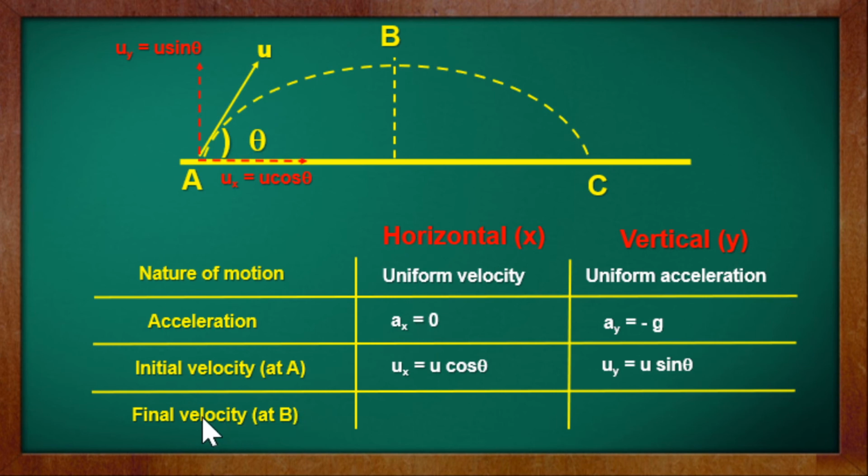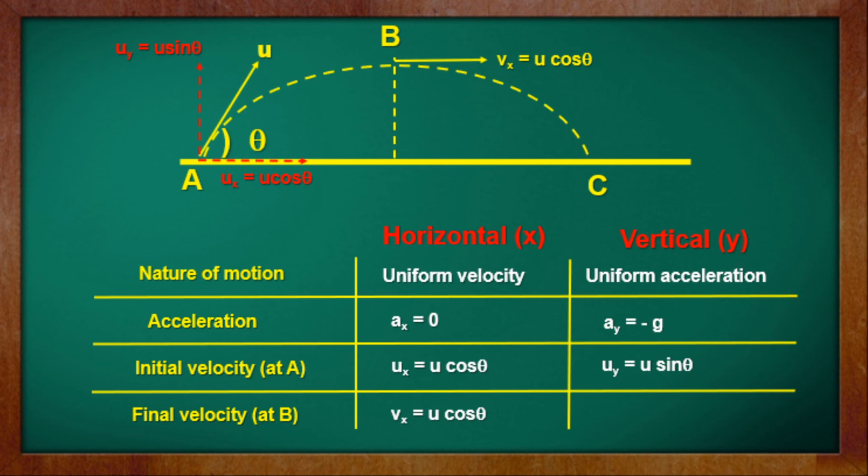So, the velocity at B is equal to Vx, that is equal to u cos theta. So, initial velocity and final velocity both are same. Why are they same? Because the body moves with uniform velocity along the horizontal, there is no acceleration.